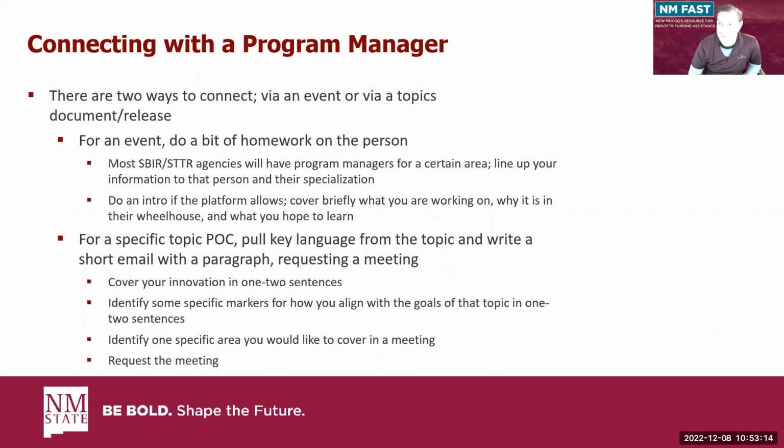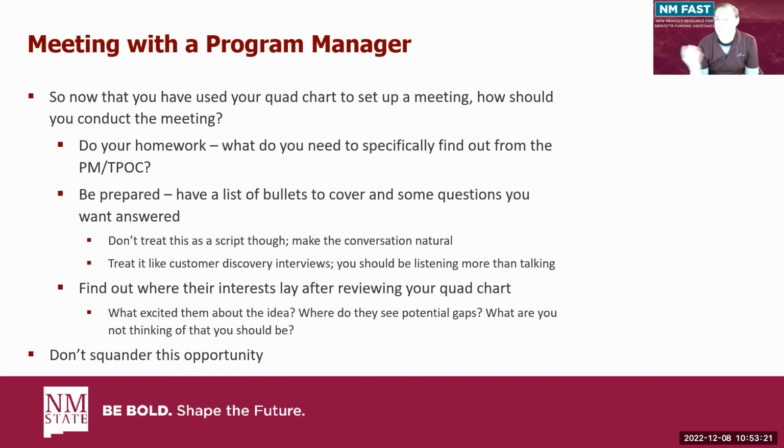Know that it's going to be probably a 15-minute meeting, so you need to come in prepared. So how do you come in prepared? Well, again, send them the quad chart ahead of time, but do additional homework. Figure out what you want to find out from them. Come up with a list of bullet points or some questions that you want to cover.